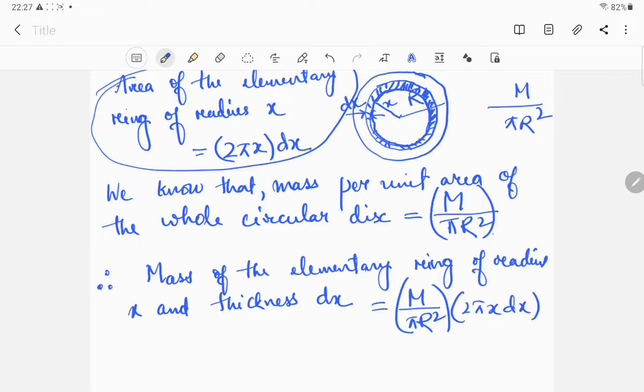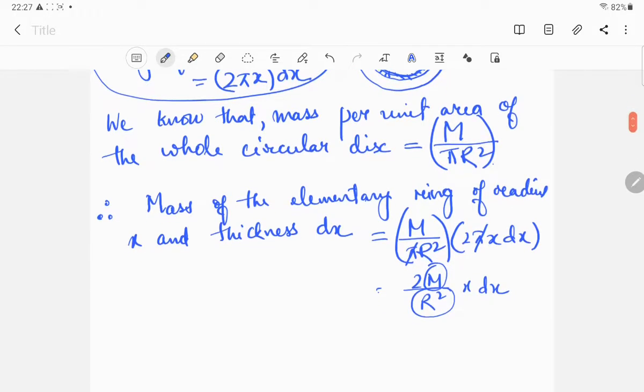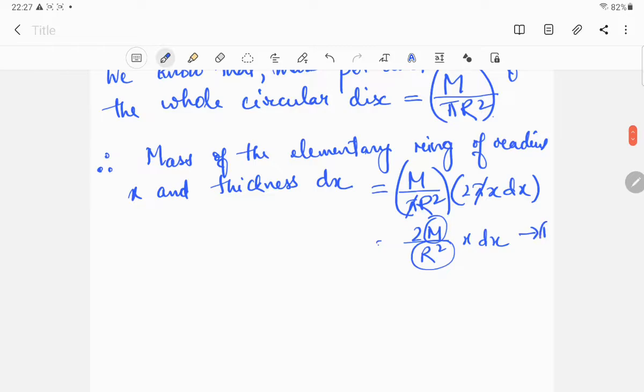Let's see what will be cancelled. This pi and pi gets cancelled. So we have simply twice M by r square, which is obviously a constant for the particular disc, and we have x dx. Alright, so this is our equation number 1.